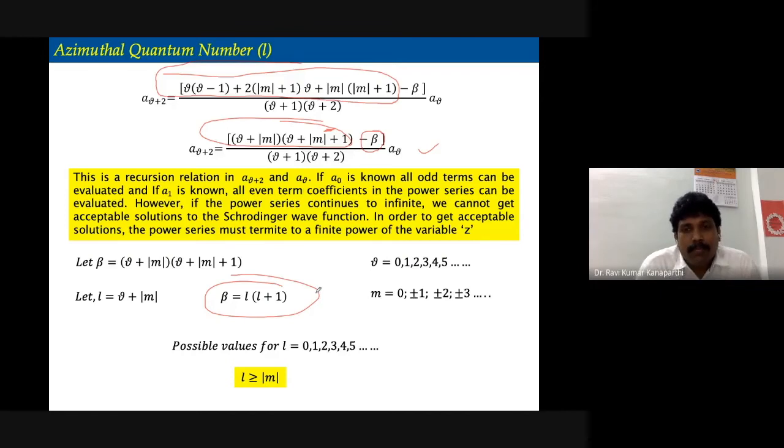What about other possible values? The other possible value is 1, and it can be 1, 2, 3, 4, and so on. Why? Because there is only one instance where both are 0. In other instances we will get 1, 2, 3, 4, and so on. Therefore, the values for L can be 0, 1, 2, 3, 4, and so on.